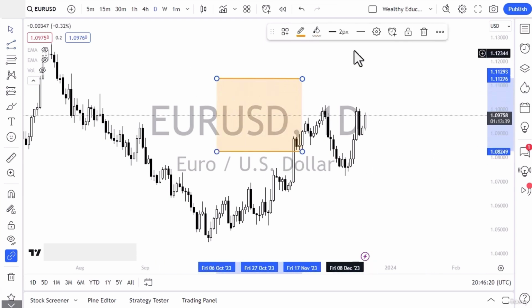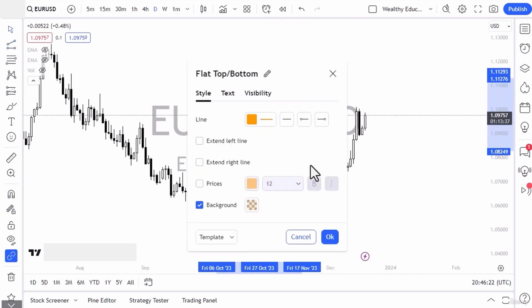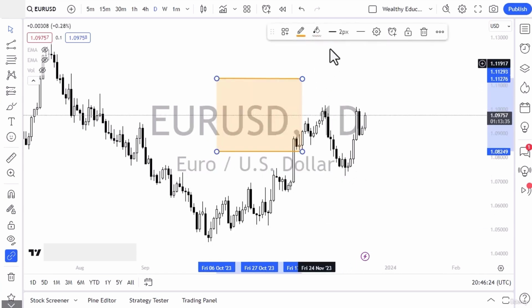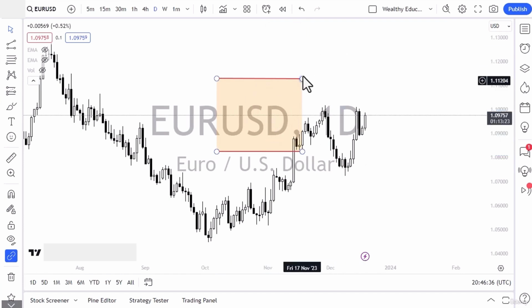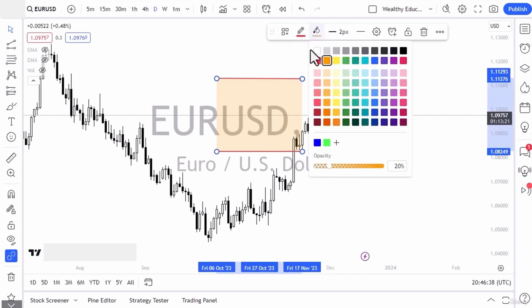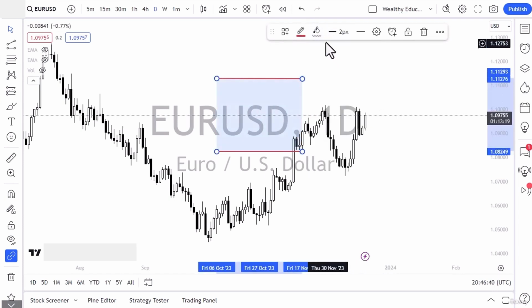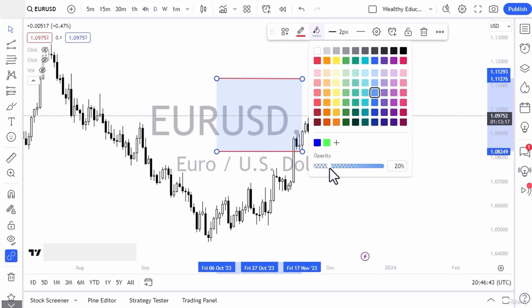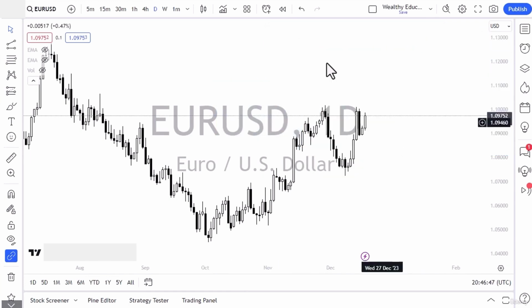So like an actual range that you can trade, that maybe you have noticed the market bouncing around in. You can change the color here of the line, for example. The fill here, make it blue. You could also change the opacity. I mean, you can make it look however you want. And of course you can delete it like that.